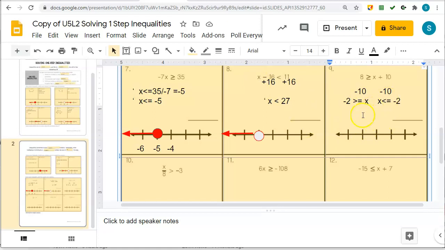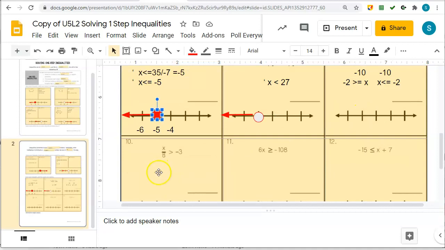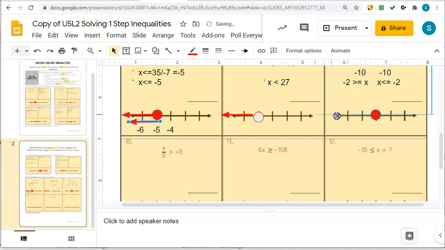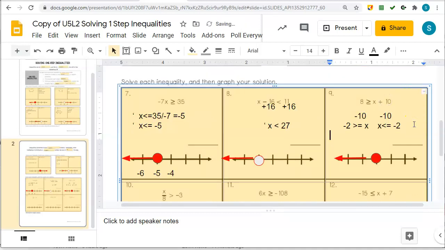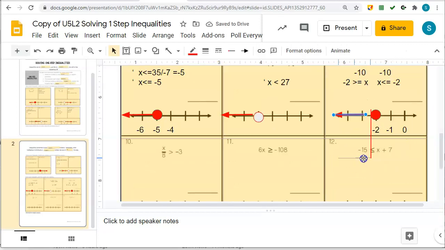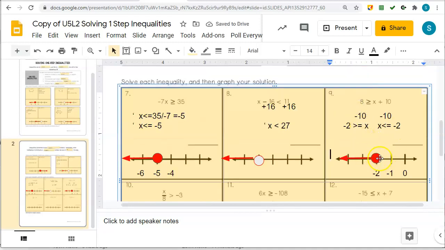And then that means we need a solid circle. And we need an arrow going down. Now we need this particular value to be negative 2. So this would be like negative 1 and 0. And I'm going to move that one just a little bit further over so it touches, because I really like that arrow connected to the dot.